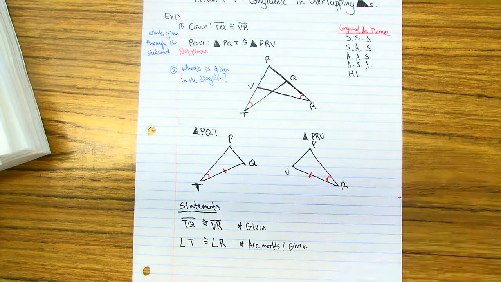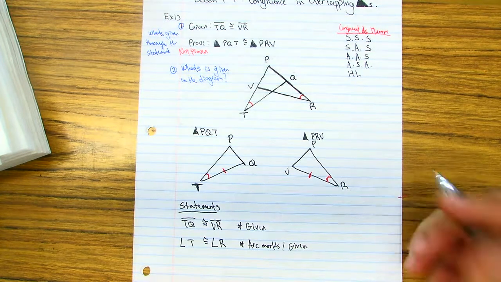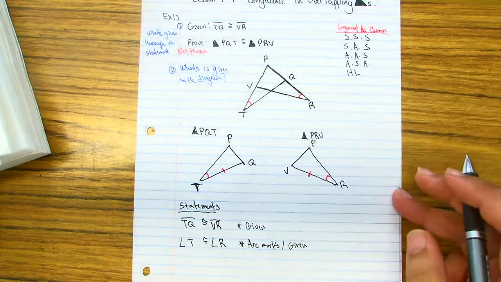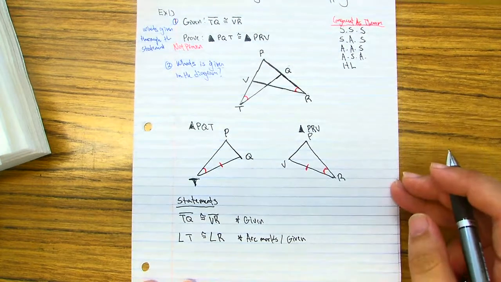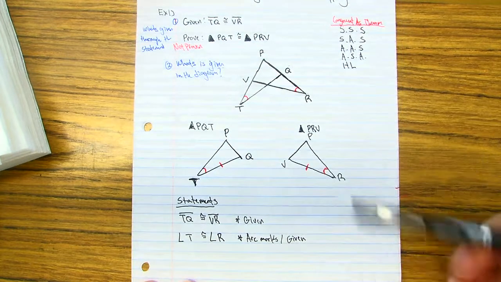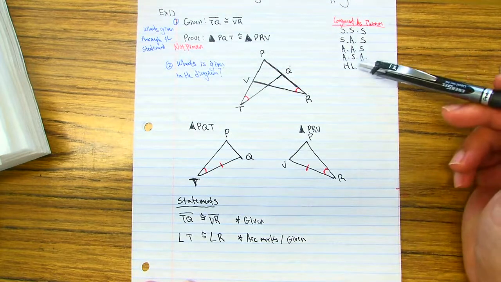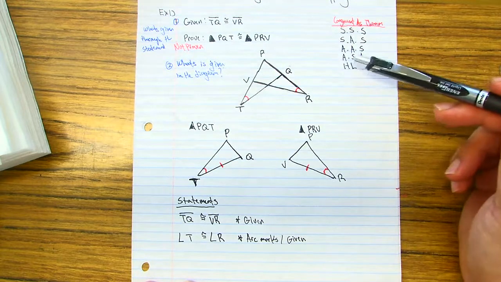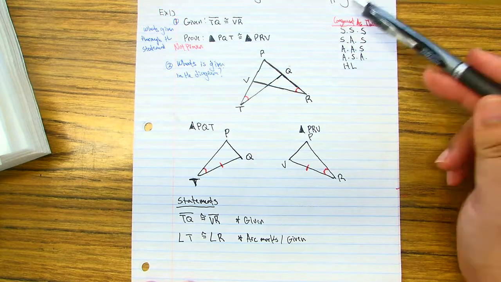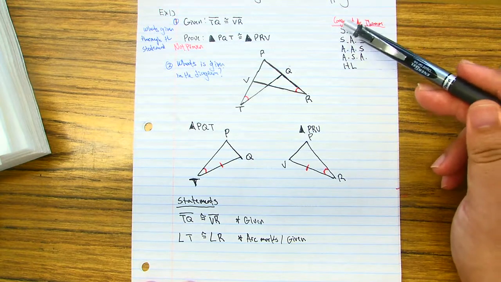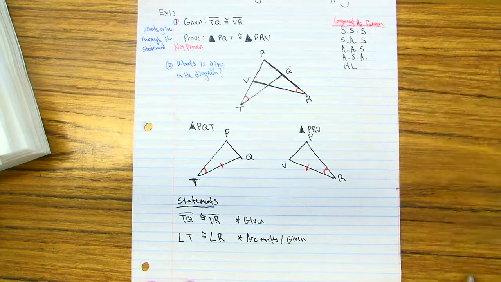Okay. The next one is we have to make another conclusion. Since the theorem here, we need either a right triangle that has a hypotenuse and a leg congruent, or three pairs of congruent sides. Let me verify that.